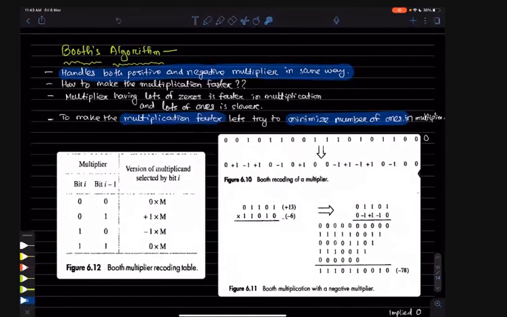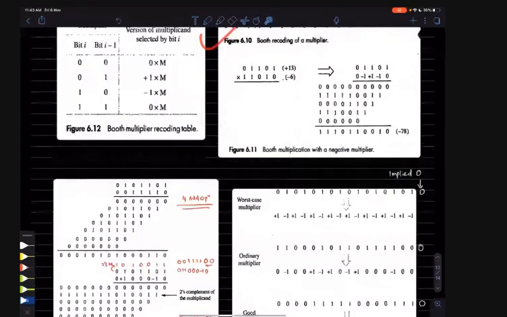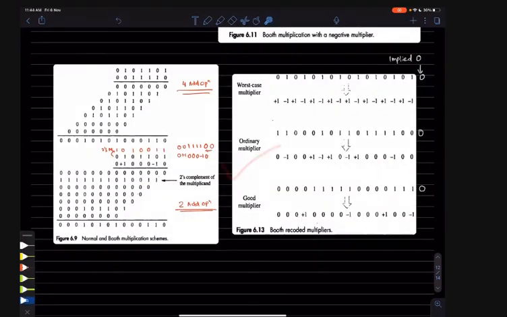Anyone? If you search YouTube for Booth's algorithm, you will get some algorithm also, but in the book there is no algorithm. In the book only this part is explained, but if you want to write it as an algorithm you can write it.